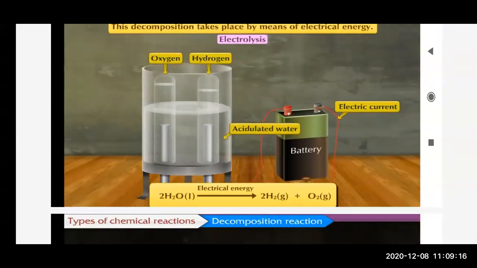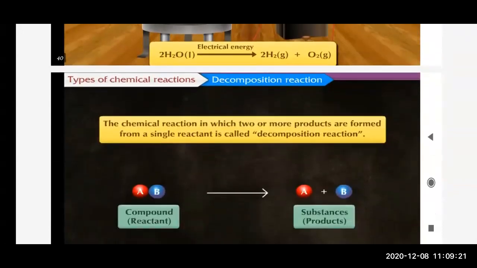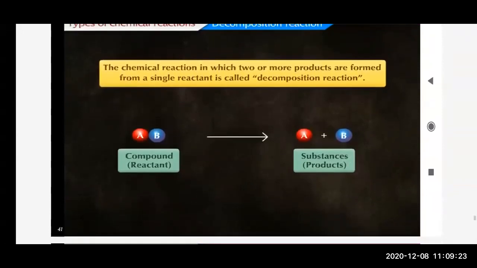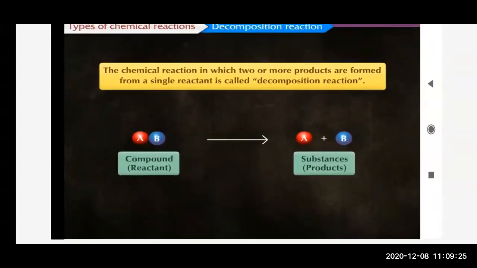From all three examples, what we understood is that there was only one reactant and there were two products. So from this, what is the definition of decomposition reaction?